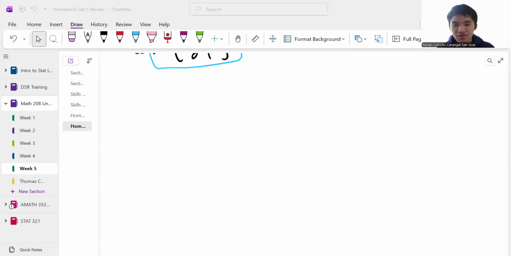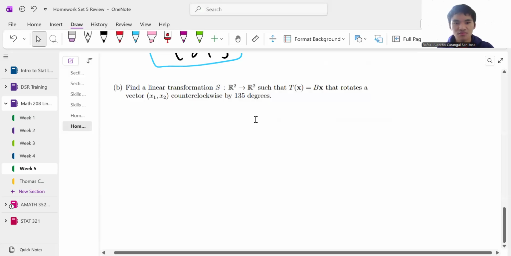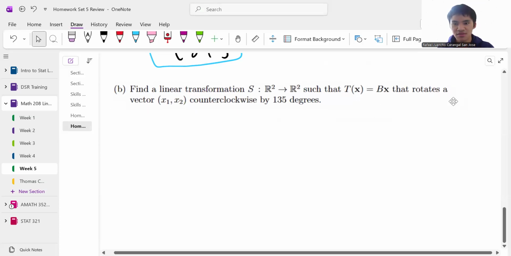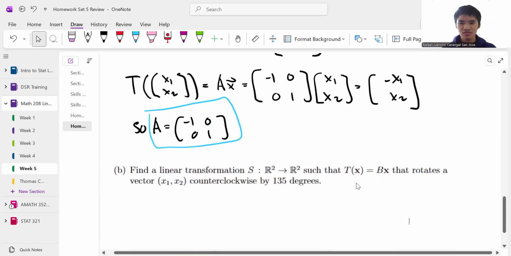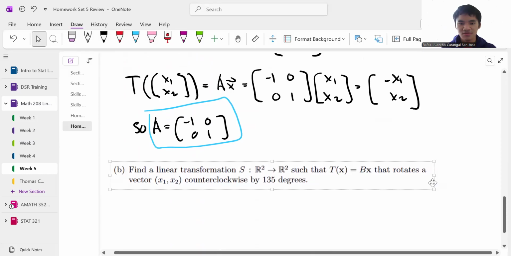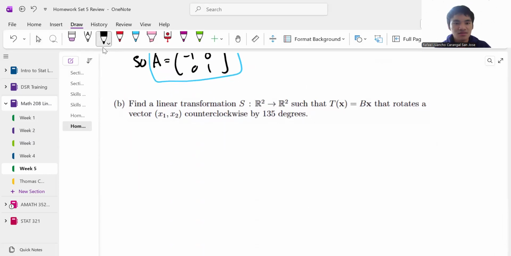All right, let's try this one. I personally think this one's pretty interesting. Here, we want to find a linear transformation, R2 to R2, such that this thing rotates a vector, x sub 1, x sub 2, counterclockwise by 135 degrees.